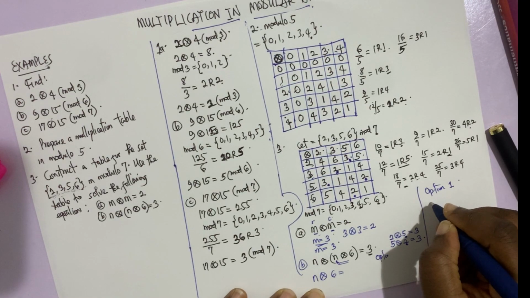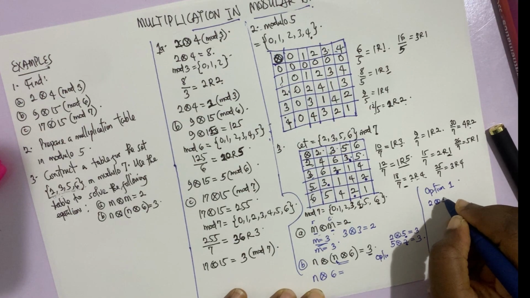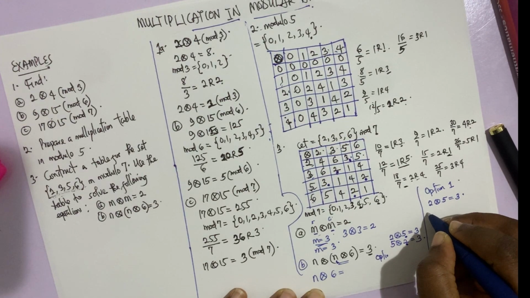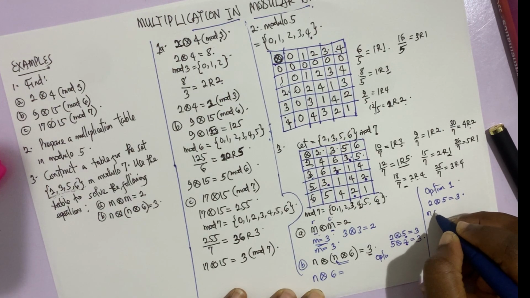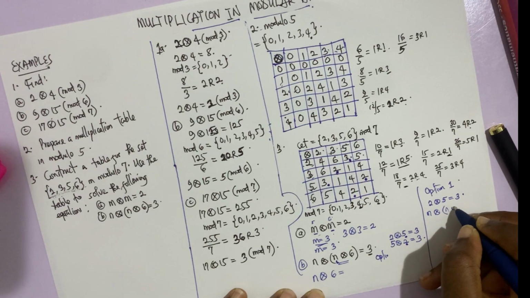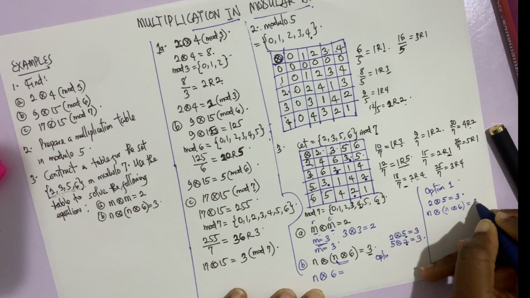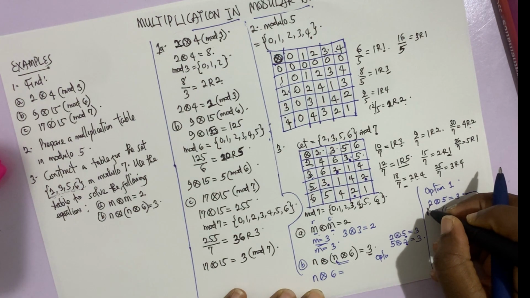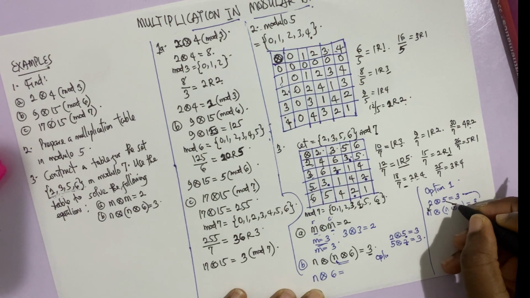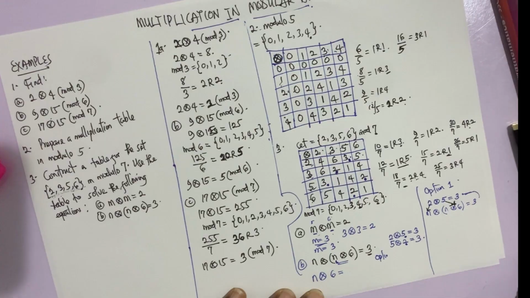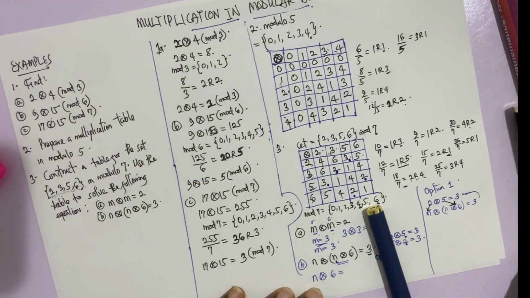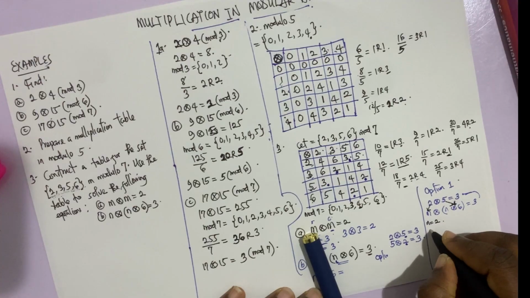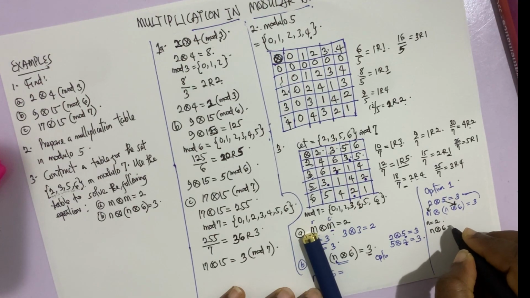Option 1 is to pick 2 times 5 is equal to 3. If you are picking this option, then you are saying n is 2 and n times 6 is 5. Now let's confirm if this is correct.